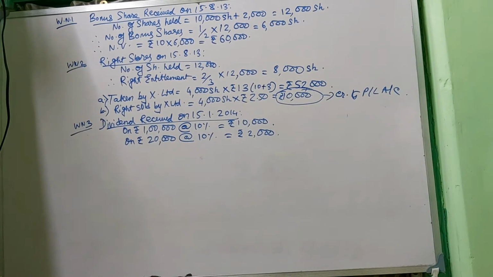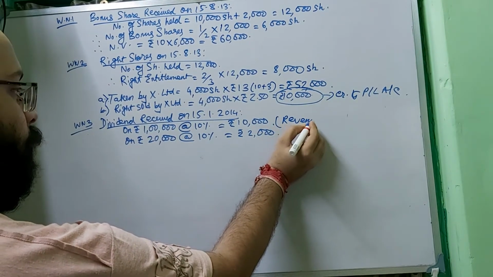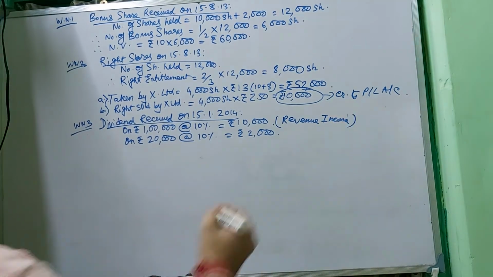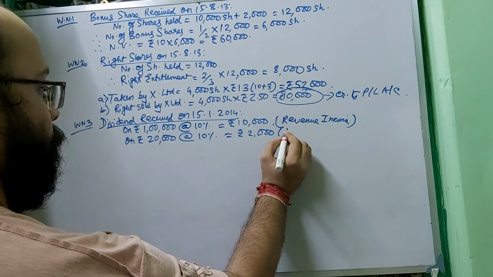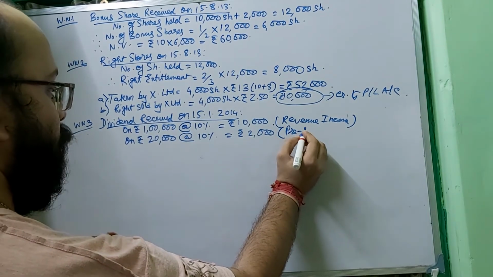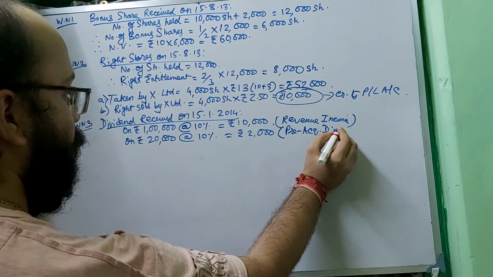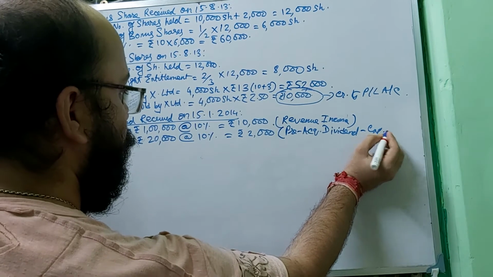Okay, this is obviously the revenue income that has been generated, and it is basically pre-acquisition dividend, as it has been acquired afterwards, minus capital income.